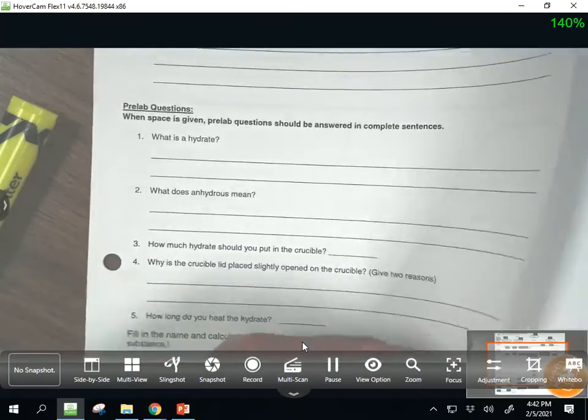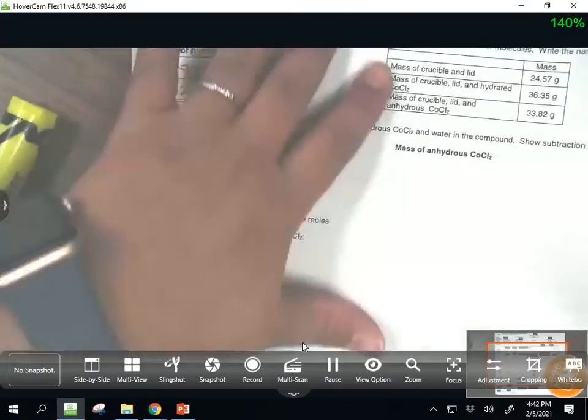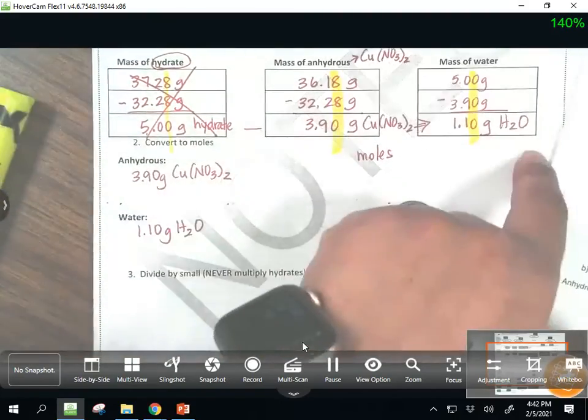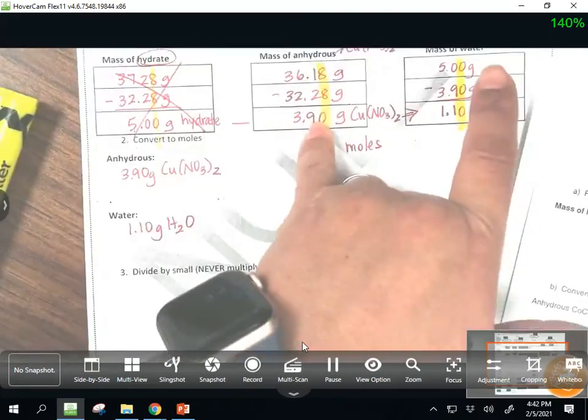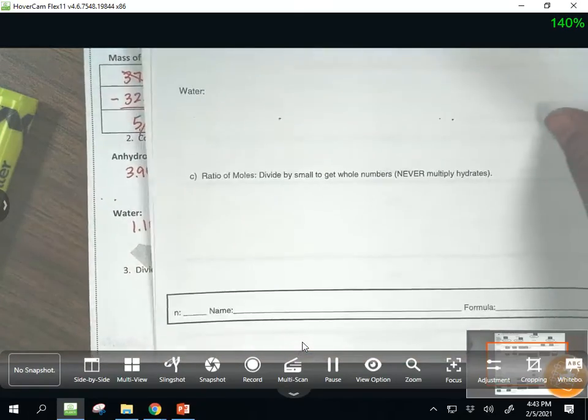You're going to continue on the back and do this problem. This problem here looks a lot like this one. Make sure to cross out the hydrate after you find the water and only use the anhydrous and the water to figure out the name and formula of the hydrate.